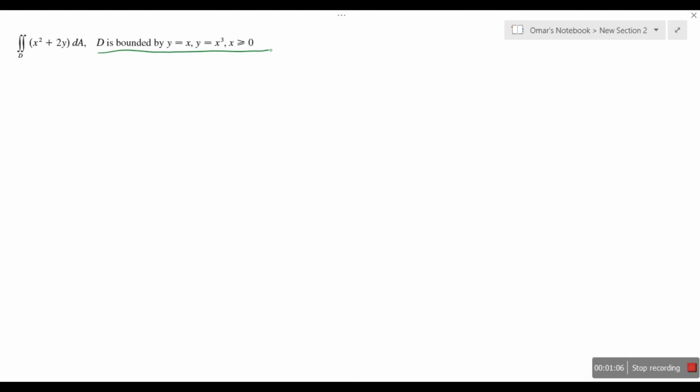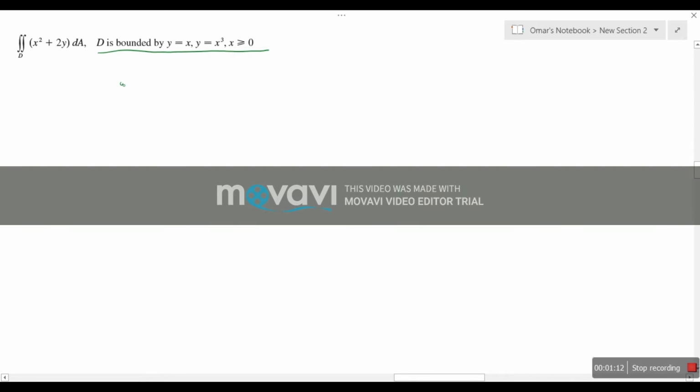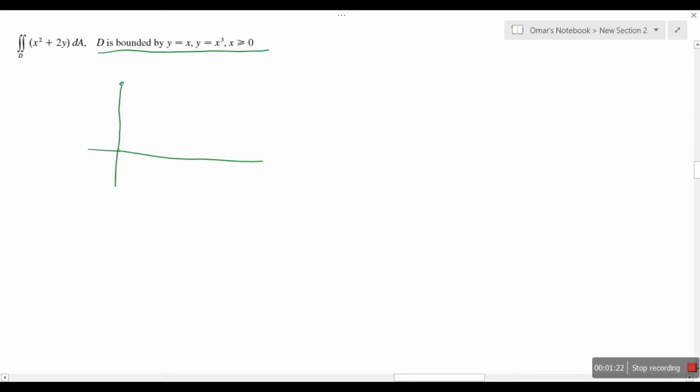Okay, let's go through. The first thing we have to do is draw the bounded region. They said y equals x, with x greater than or equal to 0.